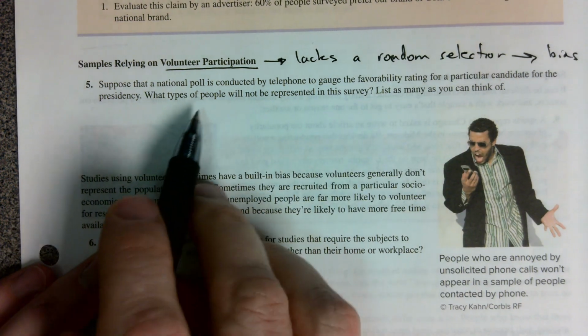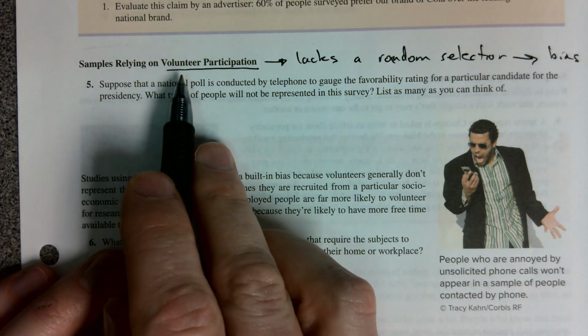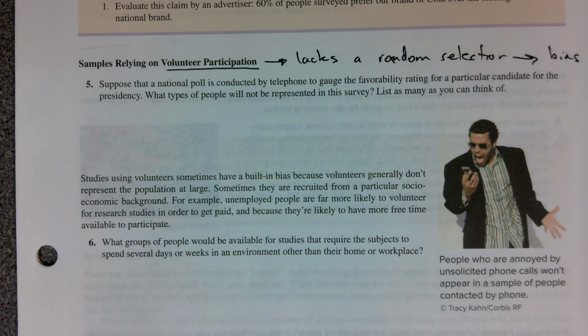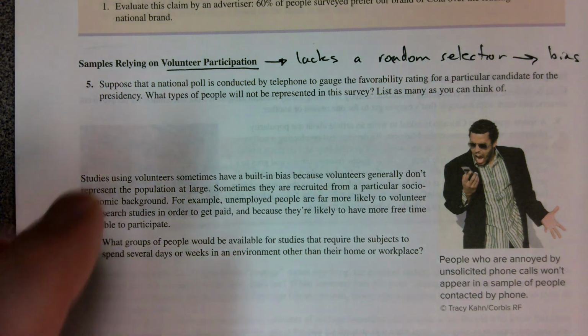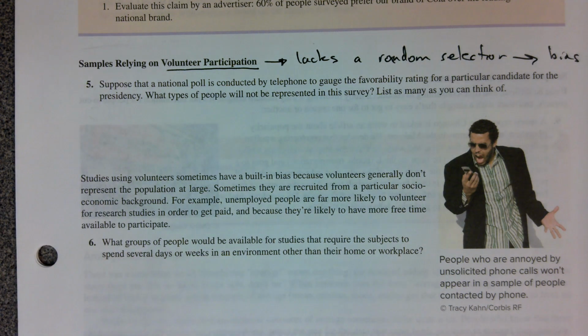In this case, anytime someone is volunteering to participate, they have skin in the game. They're interested in it, so they have a strong opinion, and that is only going to represent people with strong opinions. Remember, the goal of any type of sampling is to reflect the population.